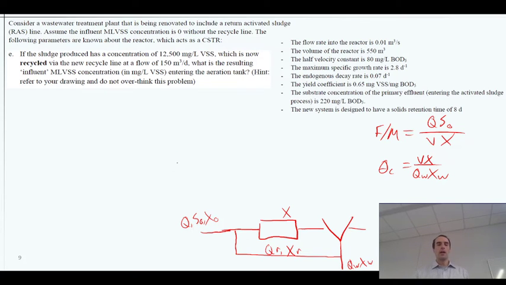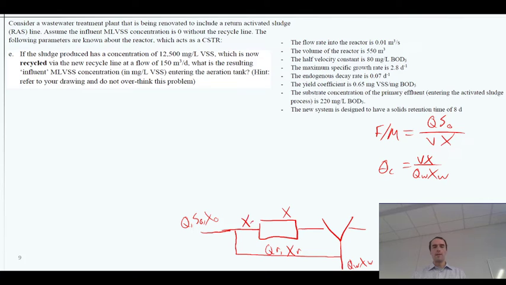So I'd encourage you to really think about what it's specifically asking for. And I'm going to go ahead and actually coach you on that. Specifically, it says, what is the resulting quote influent MLVSS? That's X, right? Yeah, I understand that's something you wouldn't know before, right? But if that's X, what's the resulting influent X entering the aeration tank? So we're talking about some value here.